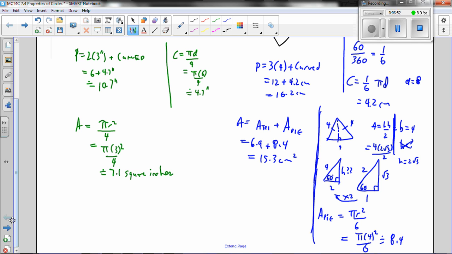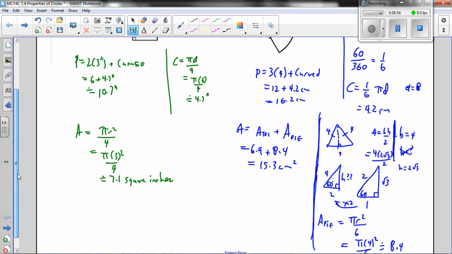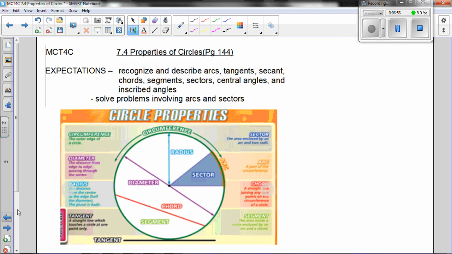The lesson is all about these bits and pieces of a circle. There's a nice picture there. Properties of the circles, and we said recognize and describe arcs, tangents, secants, chords, segments, sectors, central angles, and inscribed angles. Some of these are familiar, some of them aren't. This is bits and pieces of a circle.